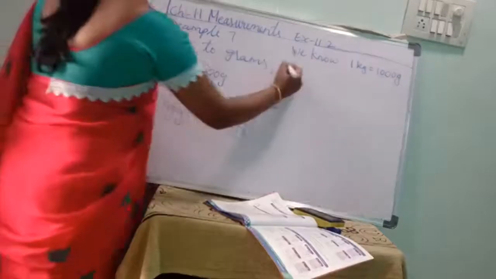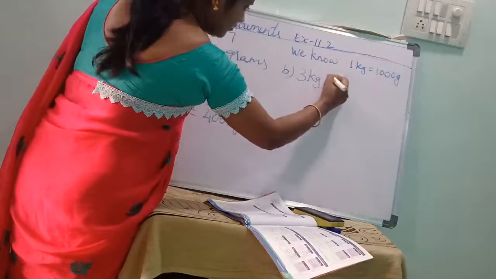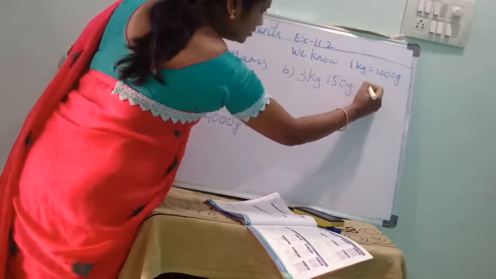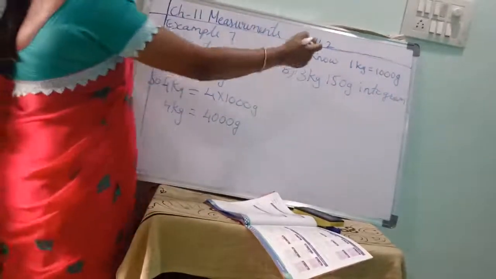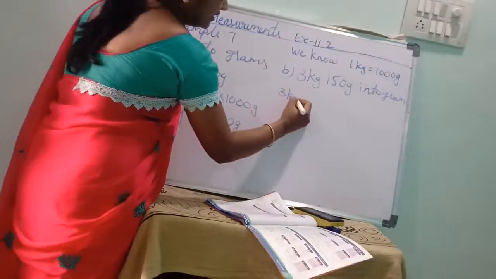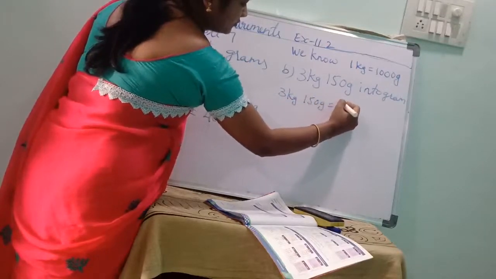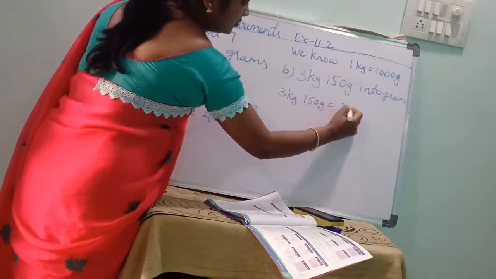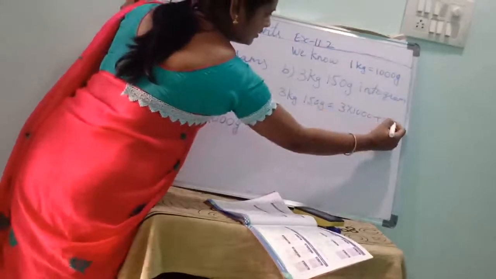Understood? Next, B1. What is that? 3 kg 150 grams. You should convert into grams. See, already you know 1 kg is equal to 1000 grams. So 3 kgs 150 grams is equal to 3 into 1000 plus 150 grams.